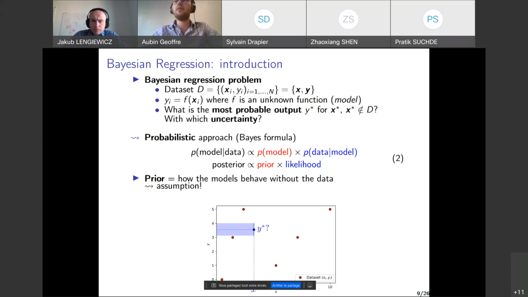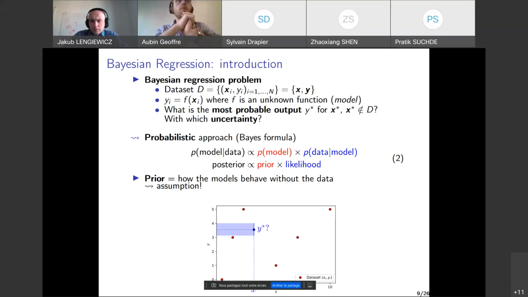In the Bayesian framework, we use a probabilistic approach, in which we try to assess the probability of the model knowing the data. This is what we call the posterior distribution, and that's the thing we want to assess.